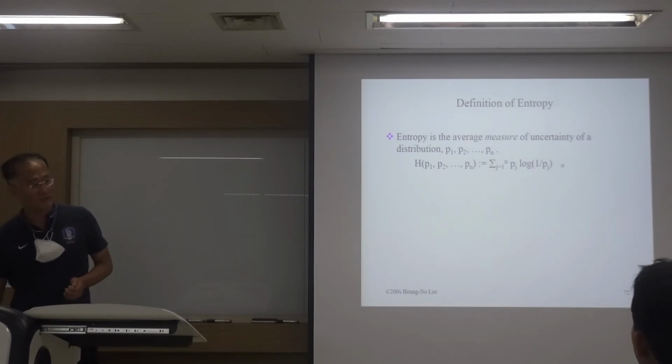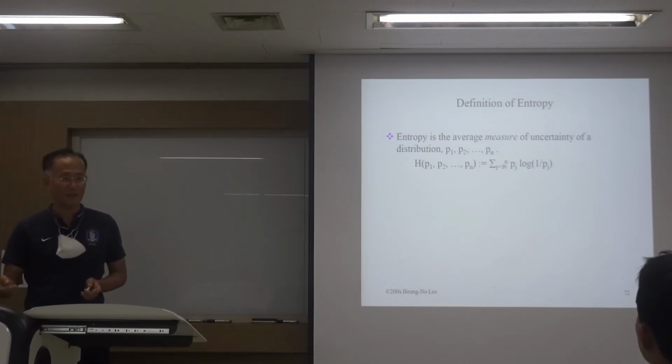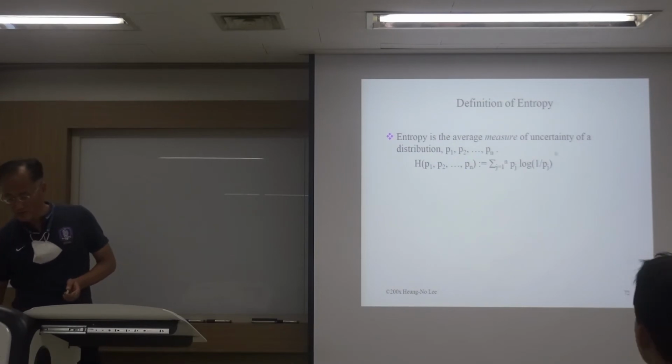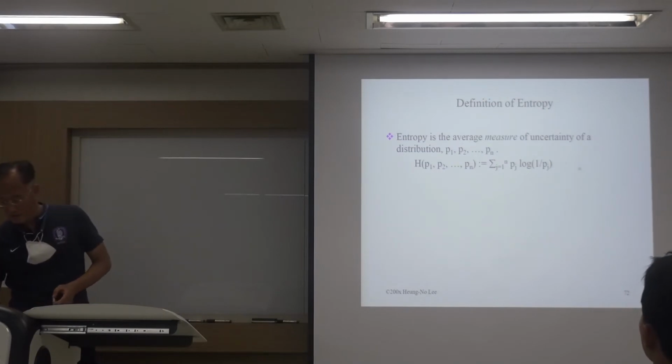So what is this? The average of information, basically the expectation of this function, log of 1 over pj. So this should be non-negative as well, always greater than or equal to 0.